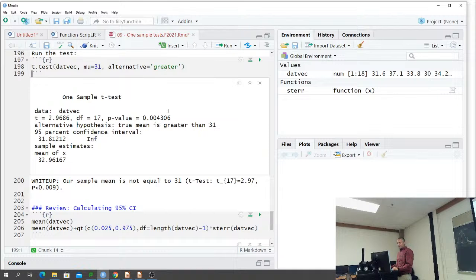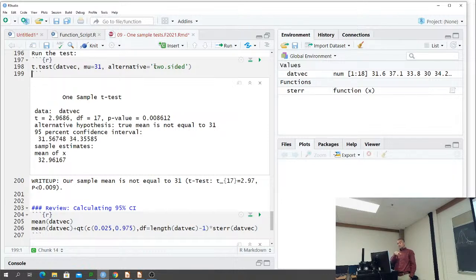If I use greater, I get this: true mean is greater than 31. And note, our p-value is reduced by half. If I do less, it says true mean is less than this. So this line is just telling us our alternative hypothesis, it doesn't tell us a conclusion.